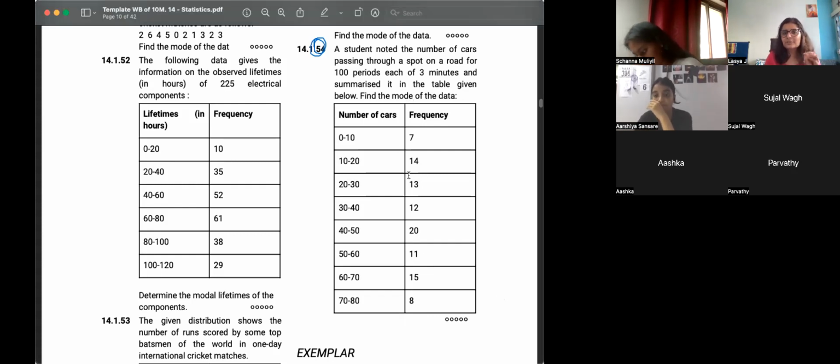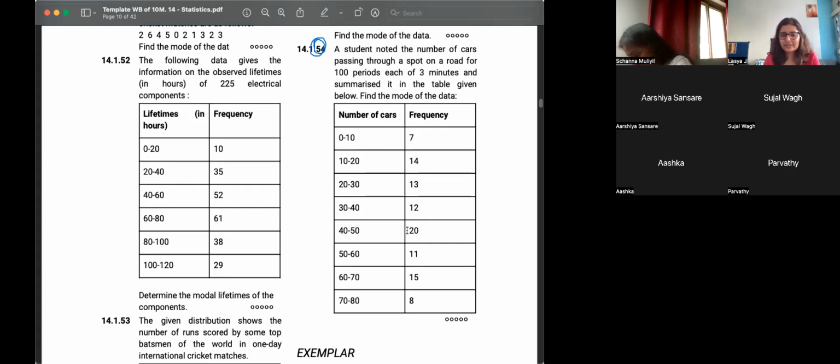Modal class का मतलब mode उस class में है. So the final answer that you get should be in between those values. Like पहले इसमें 60 to 80 was the modal class, so your answer was somewhere between 60 to 80 only. Here also 40 to 50 is the modal class, so your answer should be between 40 to 50. अगर कुछ और आ रहा है मतलब there's some mistake there.